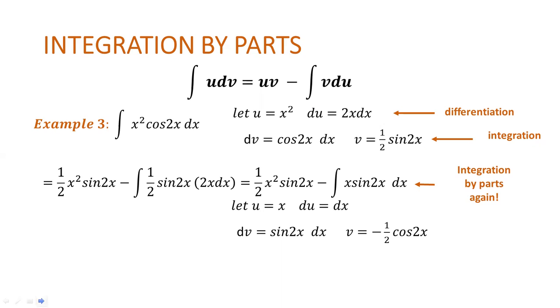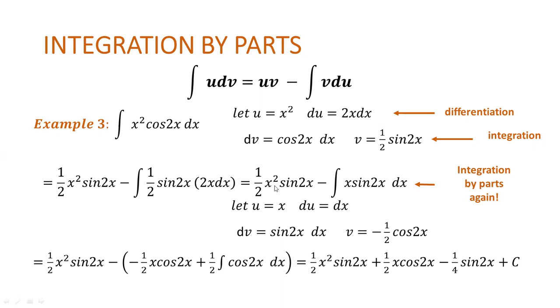So you have now 1/2 x squared sine of 2x minus, so you will have now v, negative 1/2 cosine of 2x times x, u, plus, because it's a minus the integral, but it's minus, so plus 1/2 the integral of cosine of 2x dx. This now can be integrated.